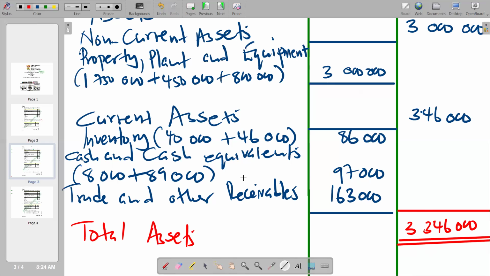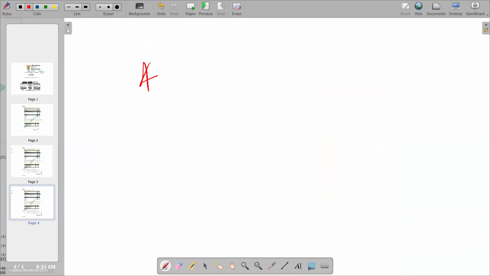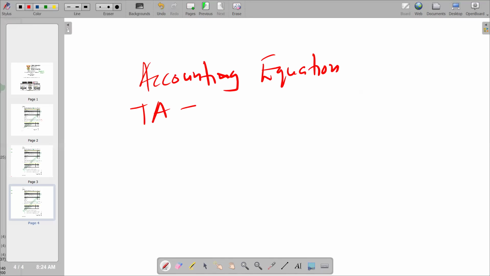So remember, we are supposed to prepare our statement of financial position according to the accounting equation. So our statement of financial position is prepared according to the accounting equation. So what does it say? It says total assets is equal to your equity plus your liabilities.